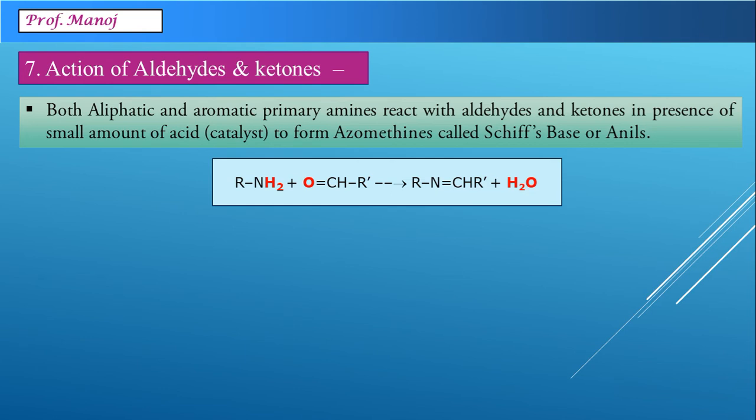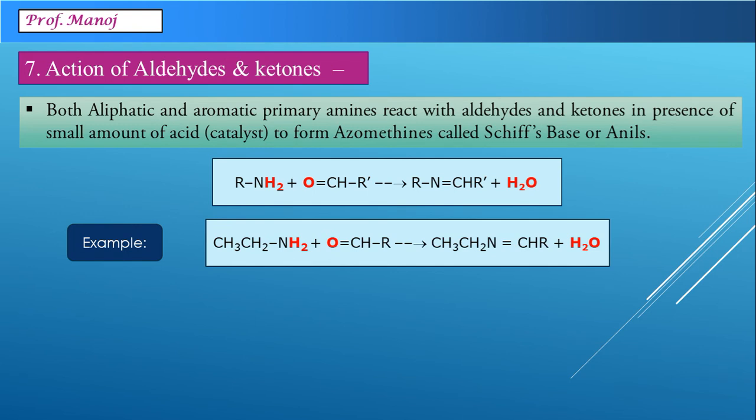RNH2 primary amine reacts with an aldehyde which is RCHO. Now as I have marked with red color, the H2O molecule goes away, and by condensing, what we are generating is called a Schiff's base. So Schiff's base has the formula R N double bond CHR dash.